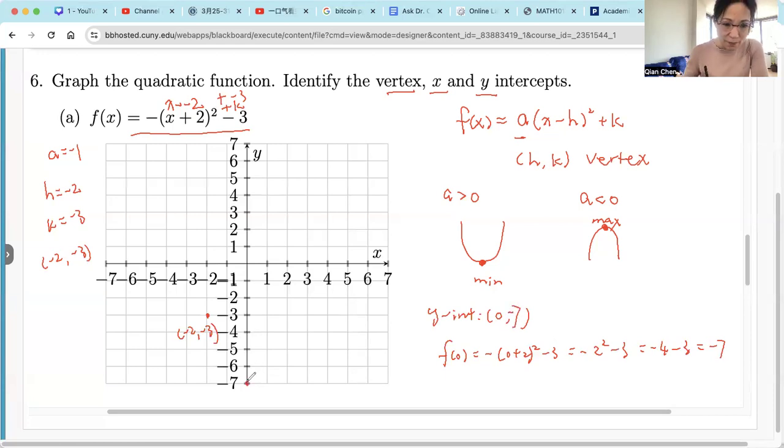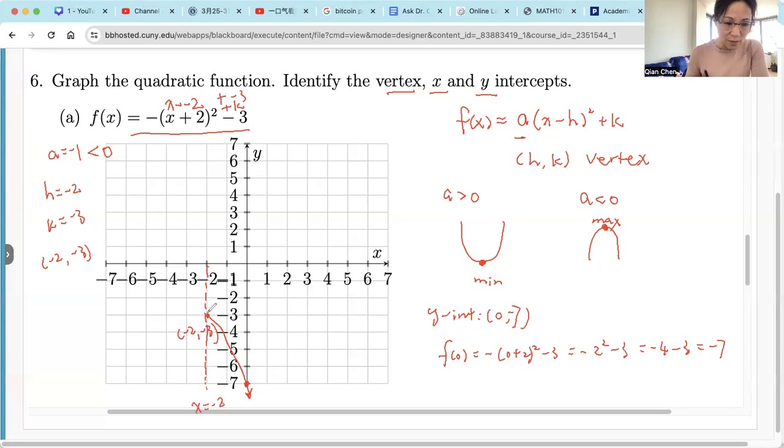So here. Well, a is negative. Leading coefficient is negative. That means we get a downward parabola. When we graph smoothly, we graph with curves. And the quadratic functions are symmetric. So the vertex is on the line of symmetry, which is x equals -2.